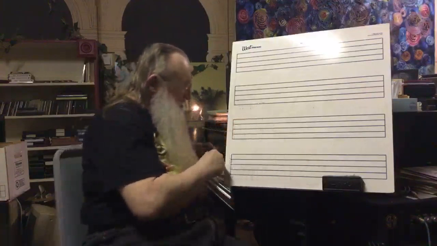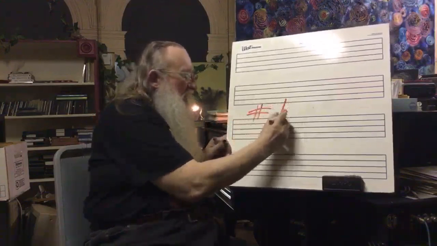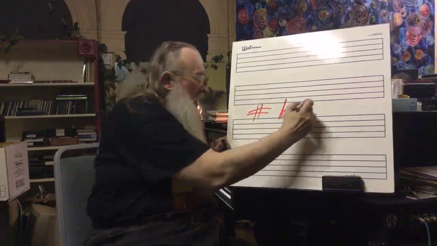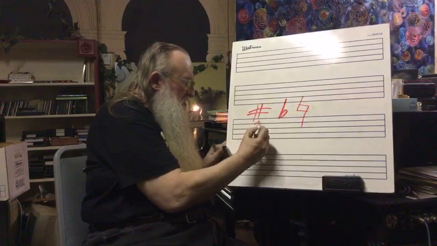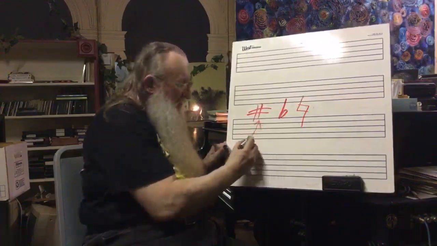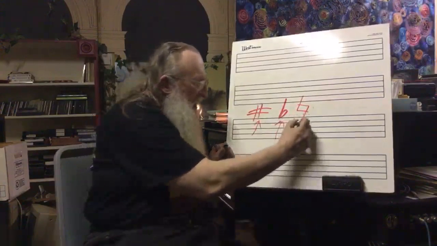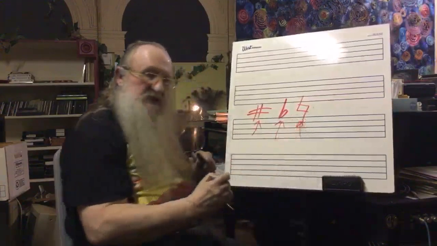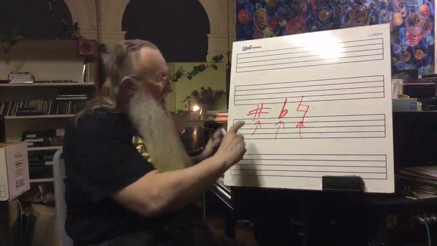The accidentals will be sharps, flats, and then what's called the neutral sign. This is considered masculine, this is considered feminine, and this is considered hermaphroditic. And we'll explain that concept and why that happened.